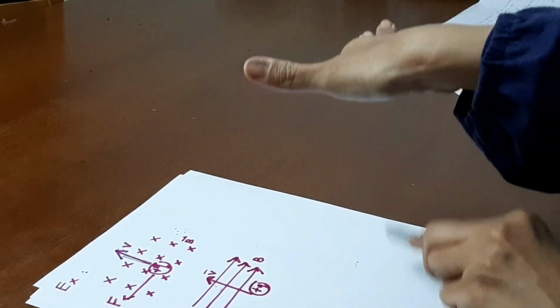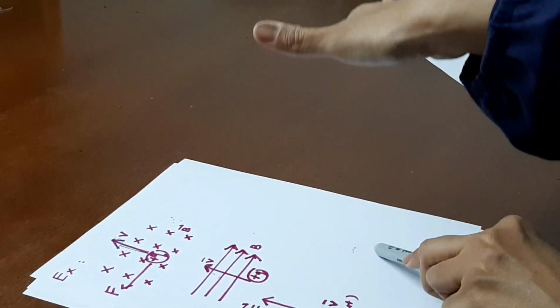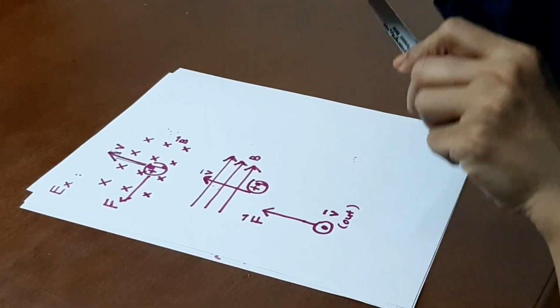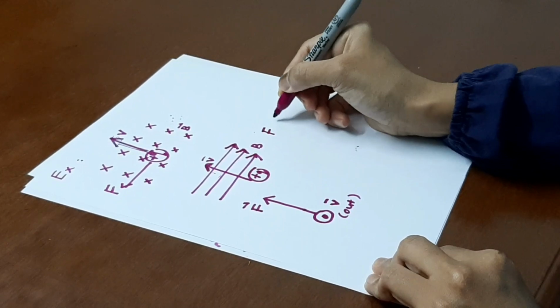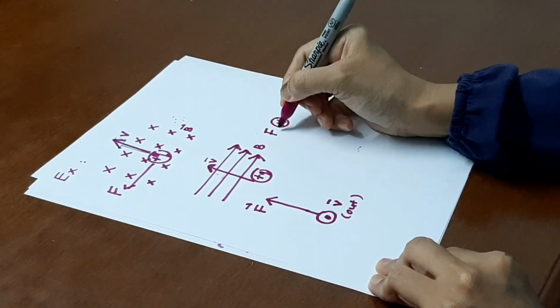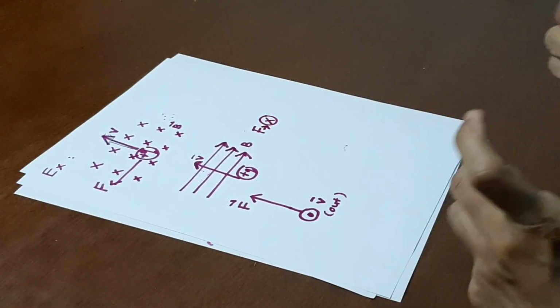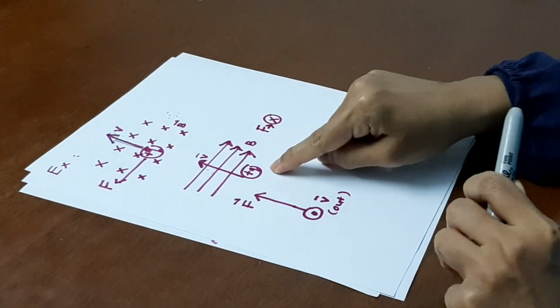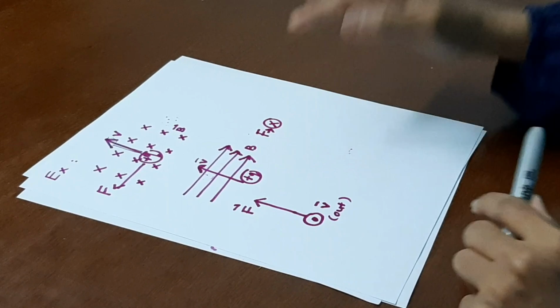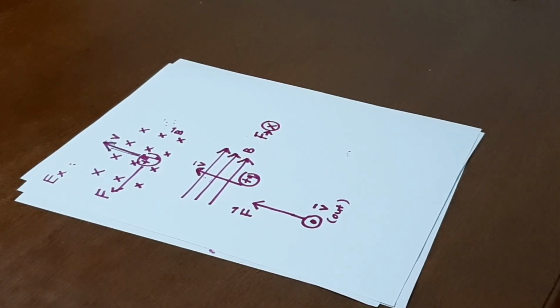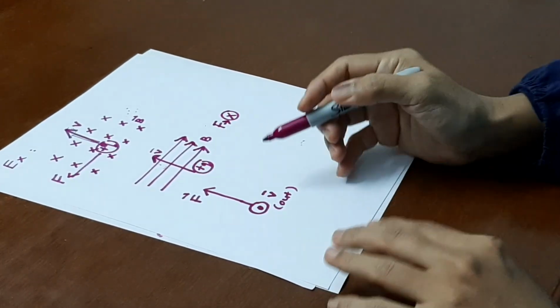Your palm is directed downward, or into the page. So the force will be into the page. And if the particle is an electron, it will experience magnetic force out of the page.